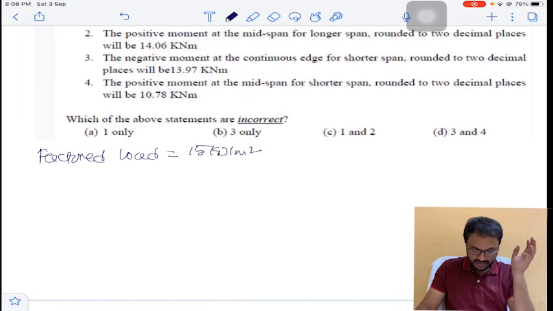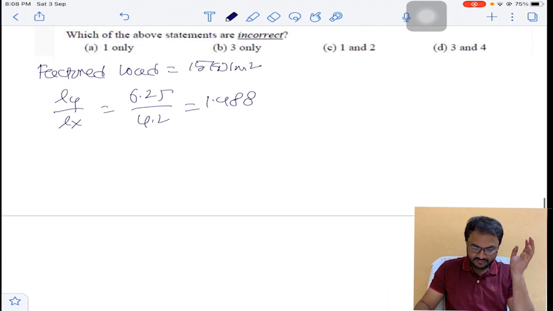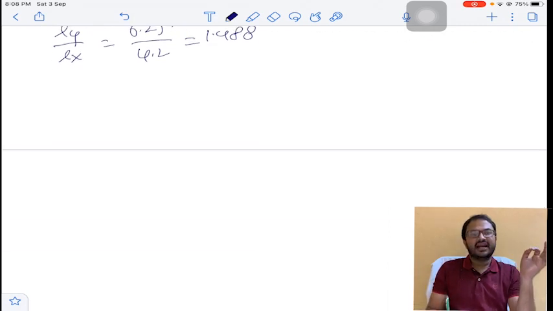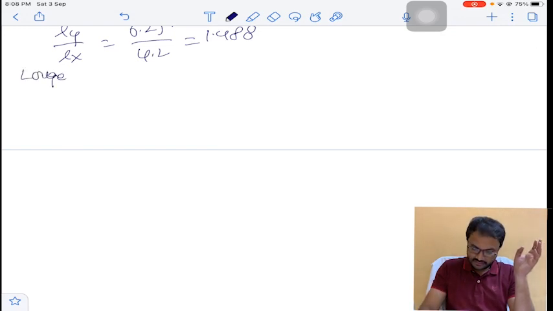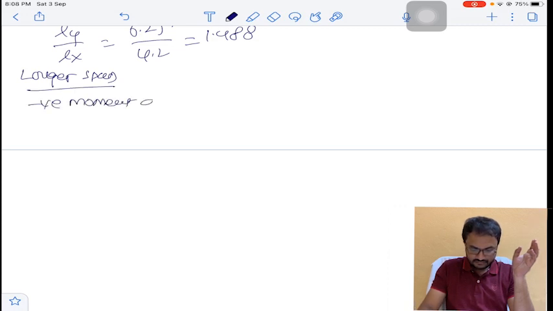Now coming to the solution, he has given factored load 15 kilonewton per meter square and Ly by Lx is equal to 6.25 divided by 4.2 is 1.488. Now we will calculate the negative as well as positive bending moments corresponding to longer span. That is longer span negative moment at the continuous edge.